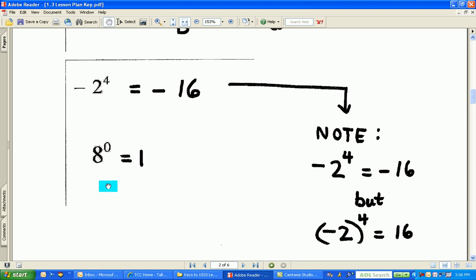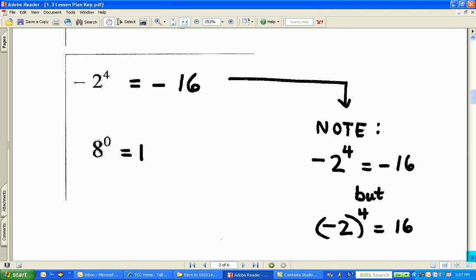This next one's a pretty simple problem, remembering your laws of exponents, that anytime you see a quantity raised to the 0 power, other than 0 itself, that's the only exception, and we won't get that tricky with you. 8 to the 0 power is going to turn out to be a 1.